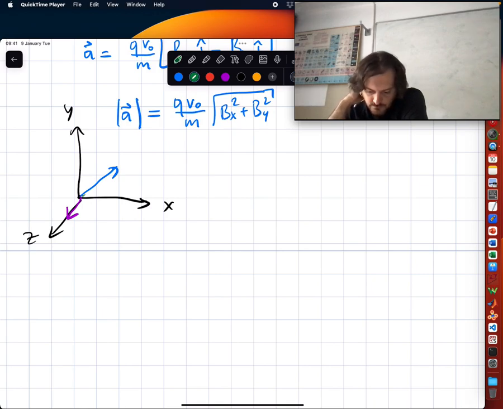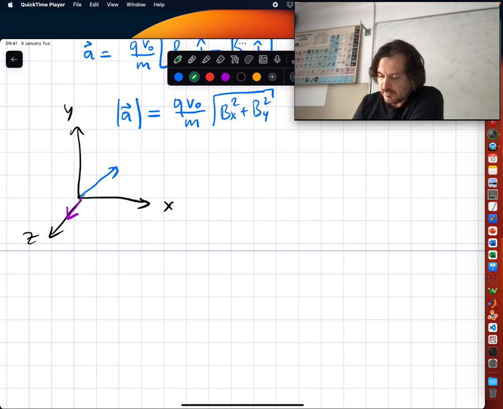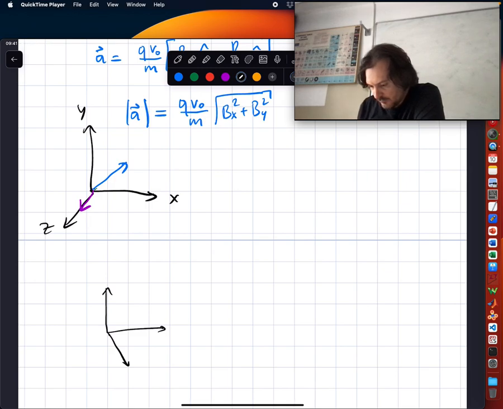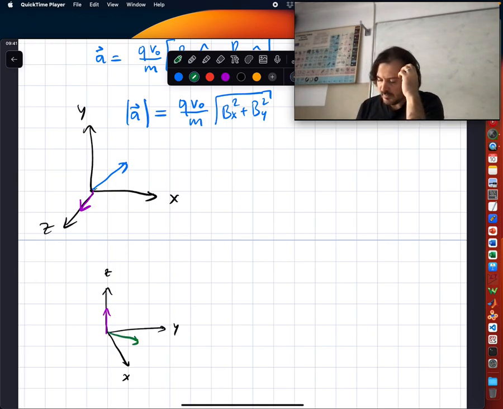Which way will it go? So let me try drawing it like this. Okay, it starts like this. The magnetic field is in this direction, and it will go which way?